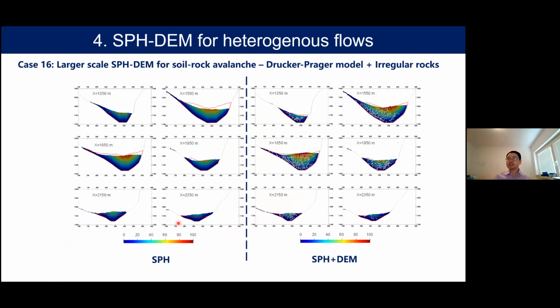And you can see here, we compare the depth at different sections, and the combined simulation has a better result compared to the pure SPH simulation, which means that it captures the physics in the system, which means in reality, this landslide is a soil rock avalanche, and the influence of the large rocks cannot be ignored.